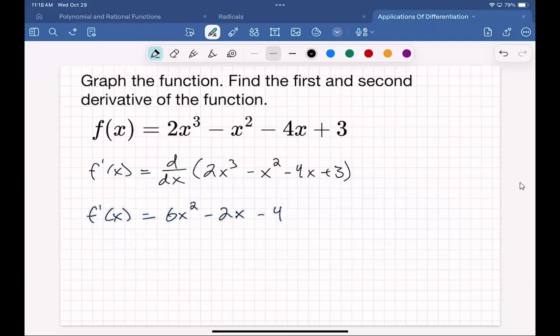So we're going to say, hey, the second derivative of our function is just taking the derivative of that. Get 12x minus 2. Is there any concerns with getting those two derivatives here? Definitely the nicer part of a polynomial, right? Getting derivatives of a polynomial, hey, that's pretty straightforward. I can jump to it, okay?